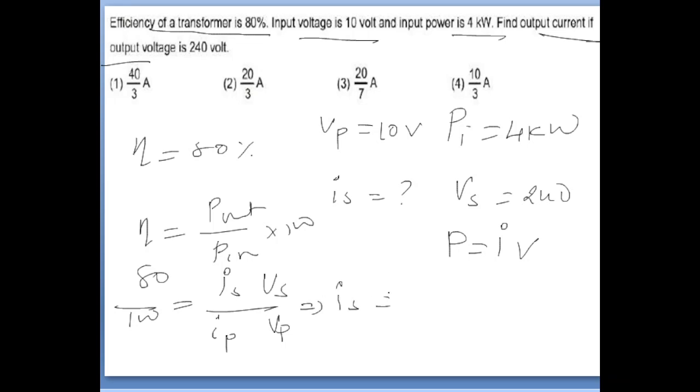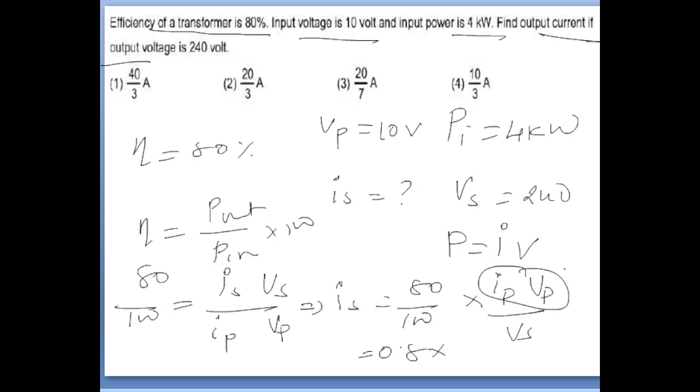IS is asked, right? 80 by 100 into IP VP by VS. So 0.8 into IP, how much is given? Input IP is not given, but input power is given, so I will write input power. So 4 kilowatt by VS, how much is VS? 240.